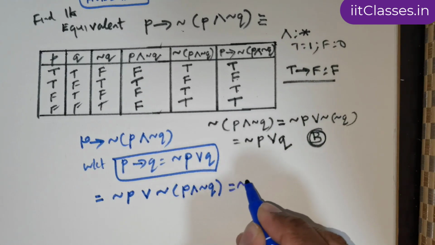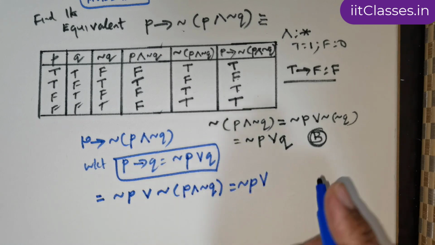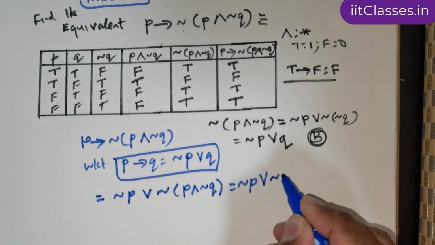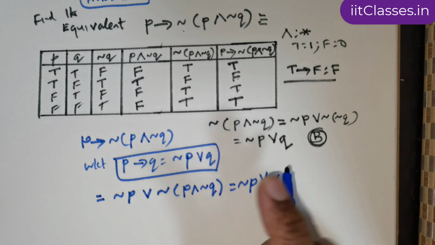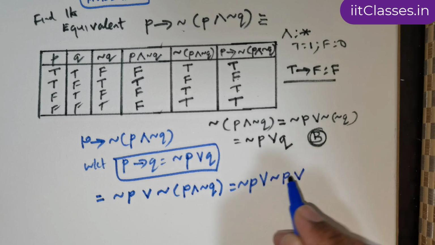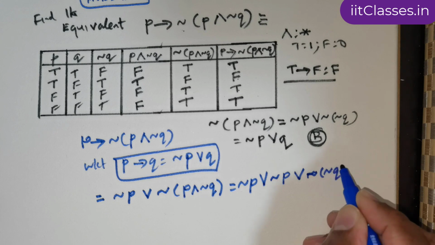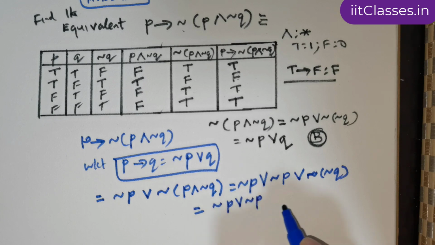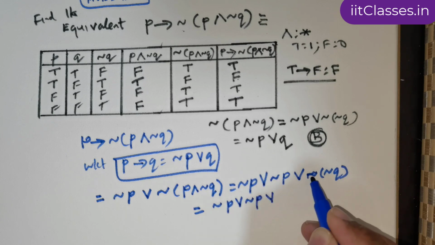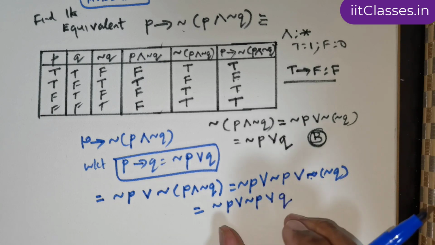Now this is equal to negation of P disjunction. You can distribute the negation, so that's going to be negation of P followed by negation hitting the conjunction will convert it into a disjunction, and then you have negation of negation Q. So this is equal to negation of P v negation of P v negation of negation Q. That's going to give me Q. So this is what we have got.